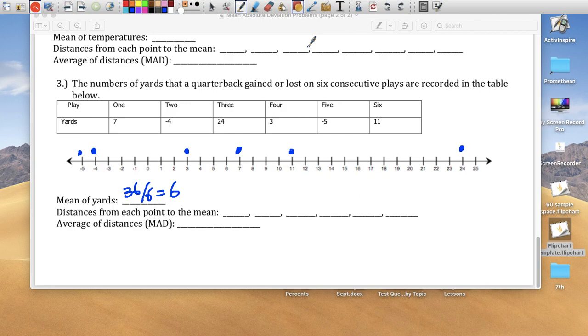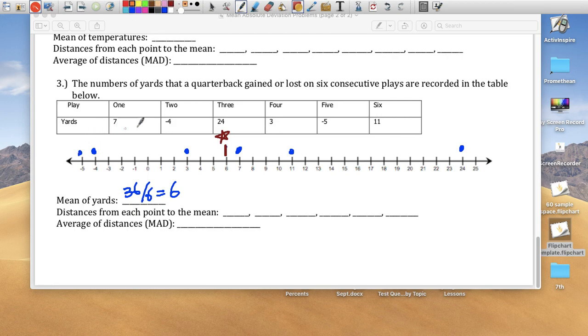Okay, so the first number is actually next to negative 5. Wait, sorry. Let me put a little star over here, because that's my mean. That's what I meant to do before. So how far is each of these points, these blue dots, away from that star, which in this case represents the number 6?